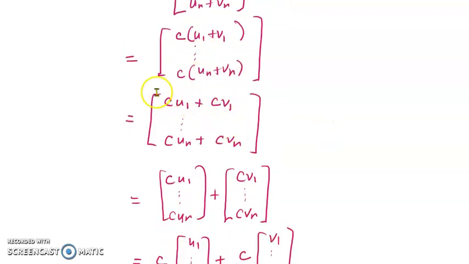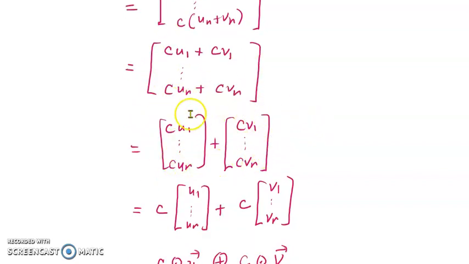So again, C here is just a real number, so the distributive property holds. So you just have C times U1 plus C times V1 up to C times UN plus C times Vn. We can rewrite this as the sum of two matrices.